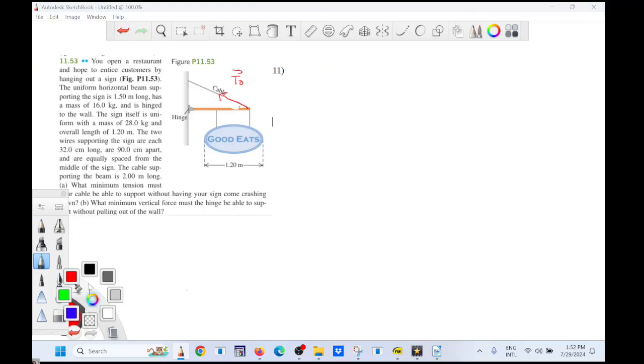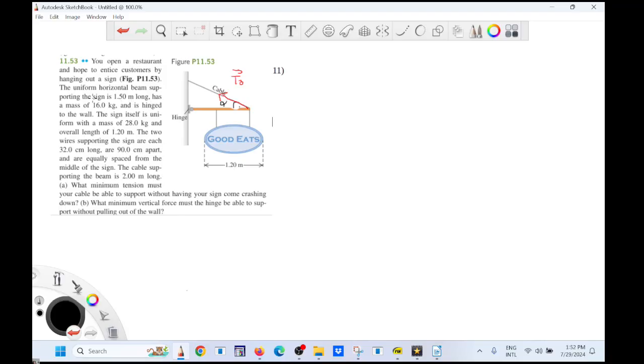Let's see what else is given to me. The angle, I think, is given somewhere. I'm going to call the angle here alpha. Maybe the angle you have to find. Okay, what else is given?